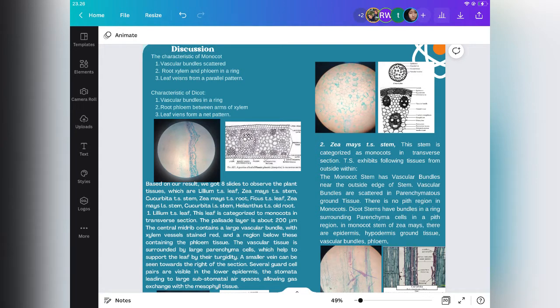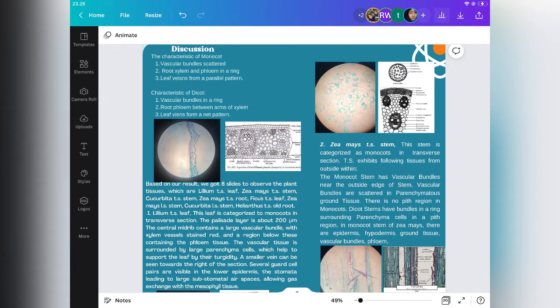The vascular tissue is surrounded by large parenchyma cells, which help to support the leaf by their turgidity. A smaller vein can be seen toward the right of the section, and several guard cell pairs are visible in the lower epidermis and the stomata, leading to large substomal air spaces and allowing gas exchange with the mesophyll tissues.